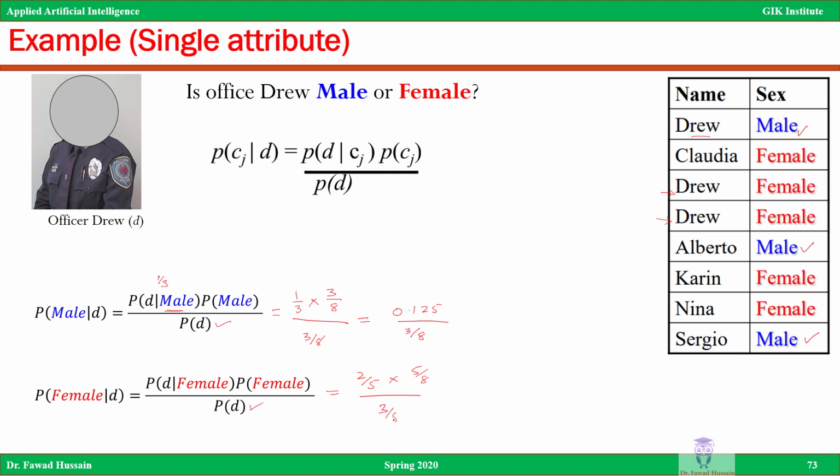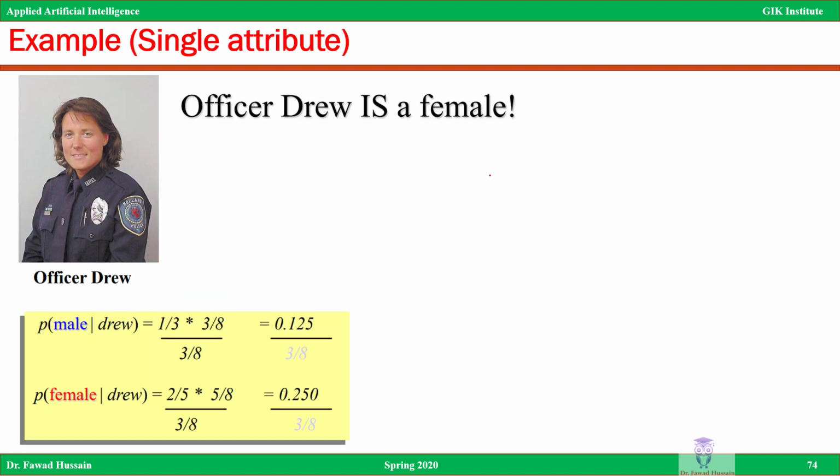In this case the value is 0.25, divided by 3 by 8. As we see, this fraction and this fraction are the same, so we can ignore them and just compare these two values. We have to find the max value. As we can see, this 0.25 is higher, therefore this person is a female.